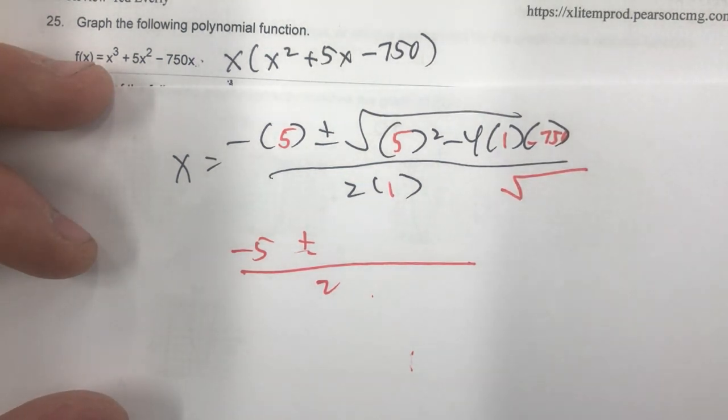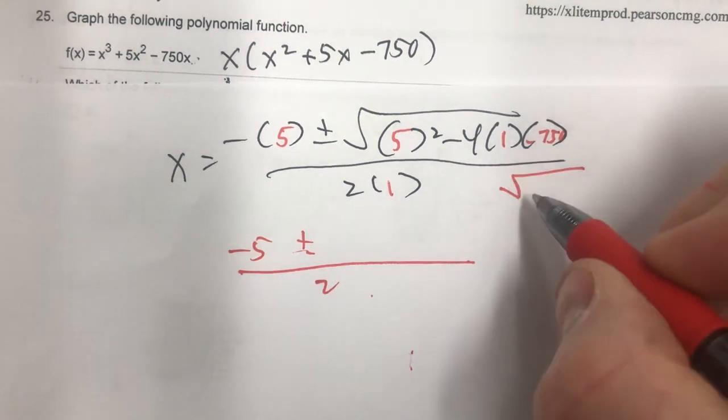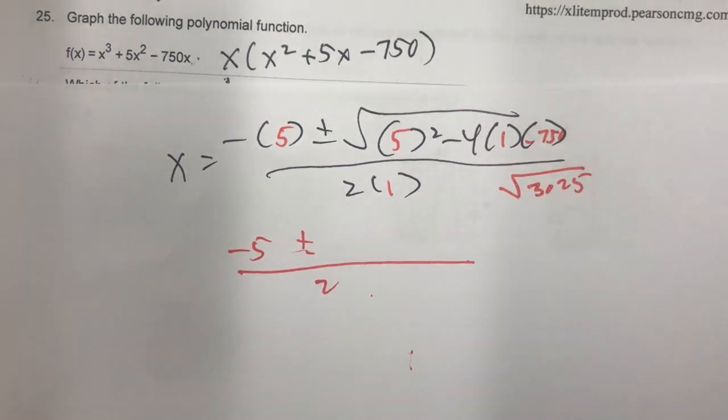This is going to be 25 plus, oh man, it's getting bigger. Let's push this in. I've got 5 squared minus 4 times 1 times -750, which is 3,025, and I think that's a perfect square.